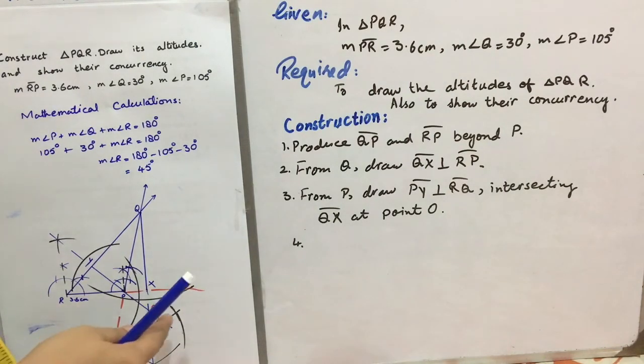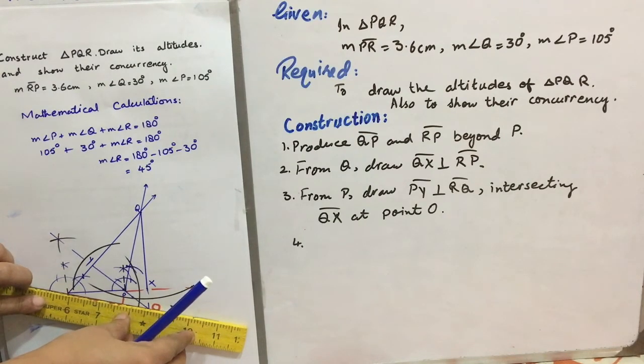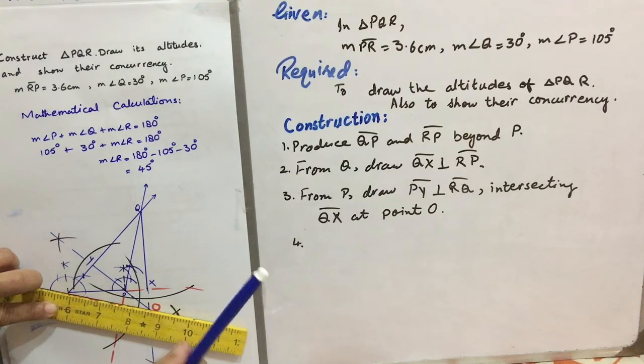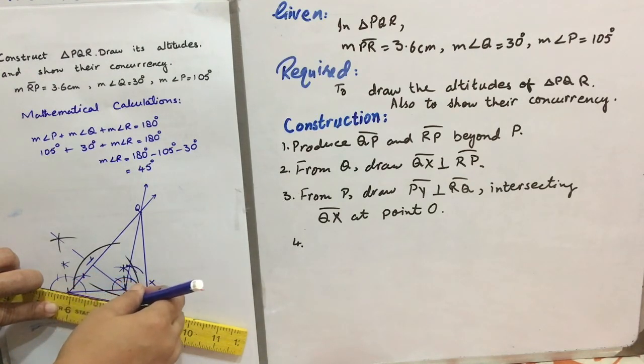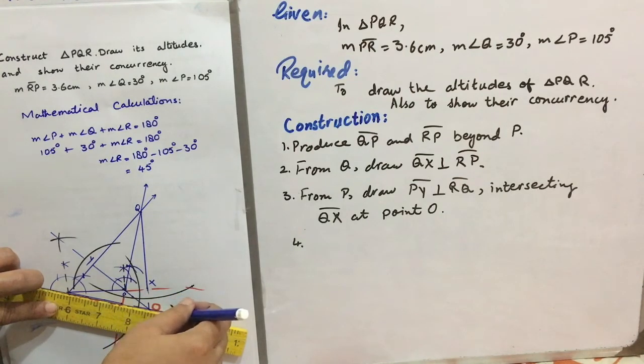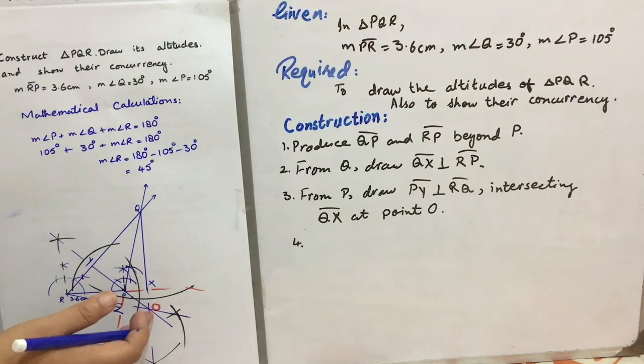Now join this new point to R. Now RZ is the third altitude, which is also passing through point O.